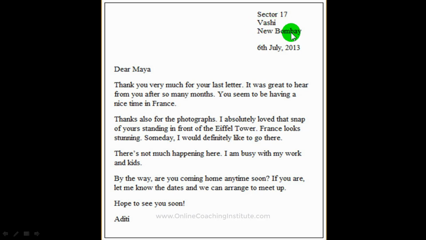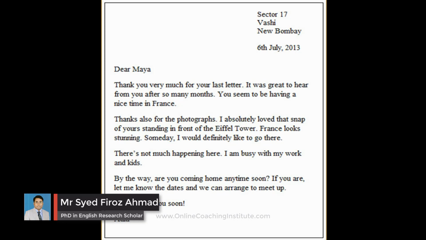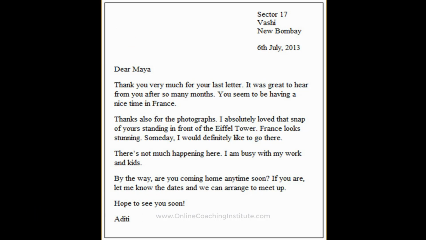Then after, you have to leave one line of space, and then you have to write the date, 6th July 2013, or any date that you have to mention here. Sometimes this portion is written on the left side also, no problem, you can write, especially if you are a student of CBSE, then they cannot object, that is a fashion there. But if you're writing for other boards, they may object.